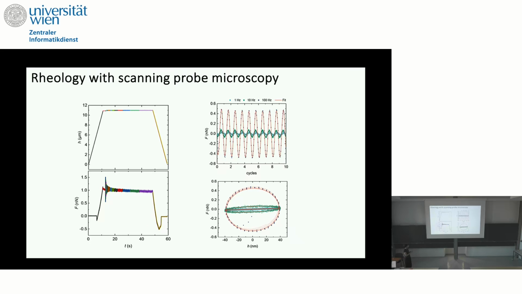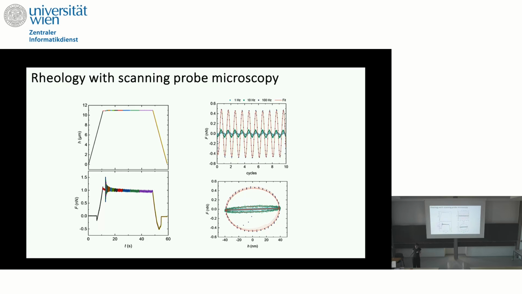We have an abrupt contact followed by the indentation, a pause for the system to reach stability, and then the response of the system at various frequencies, which, as we expected, is much higher at higher frequencies, which you also see very nicely from these two graphs. So here you see the height modulation is the same, but the response is higher at 100 Hertz frequency in comparison to 1 Hertz.